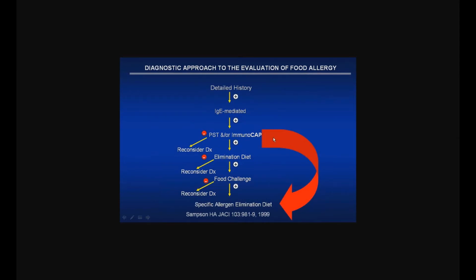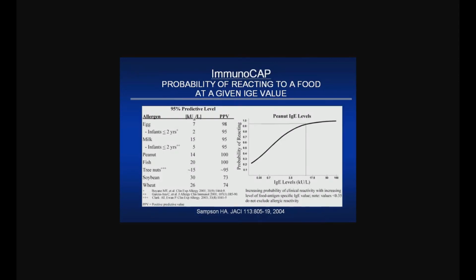The other way to do this is to check the blood for allergen-specific IgE directed against a specific food. This has been done for classical IgE-mediated reactions to foods like the children who are allergic to milk or egg or peanut. This has not been done for eosinophilic gastrointestinal diseases.